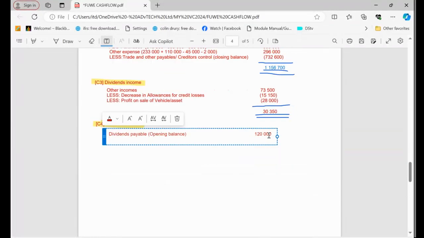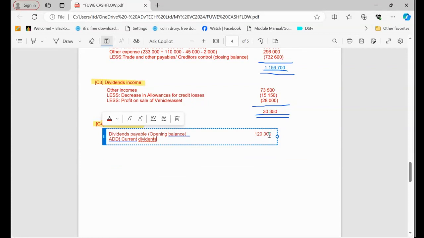So these are the dividends that I can call dividends for the year to make it understandable. In brackets, charged, I can say dividends, or maybe let me call them current dividends.